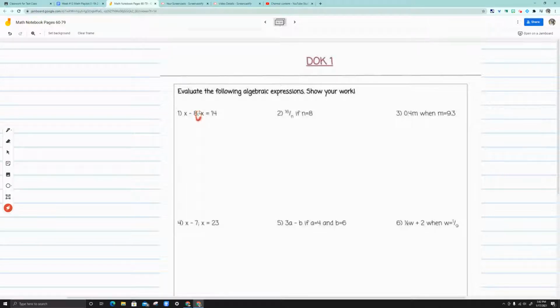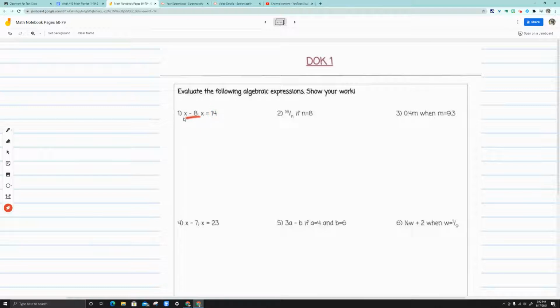So if you have two separate ideas that can be combined into one sentence, you can use a semicolon to do that, to separate those two ideas. In math, we're doing the same thing, sort of. We're using a semicolon to separate two pieces of information. In this case, we have the expression, and then we have what x equals, what our variable equals, and that, of course, is x equals 14.